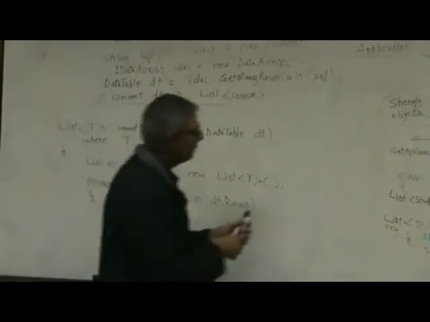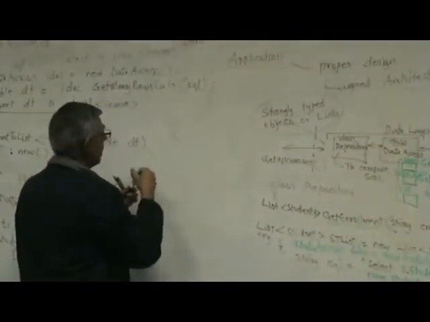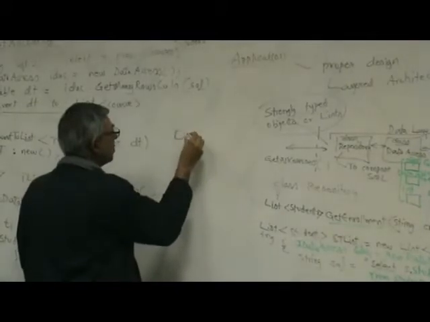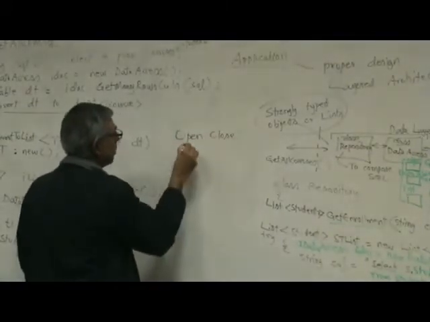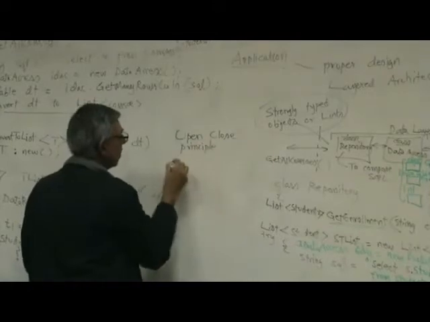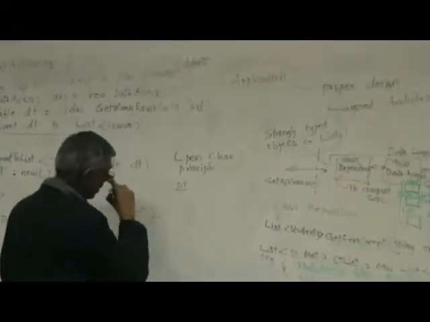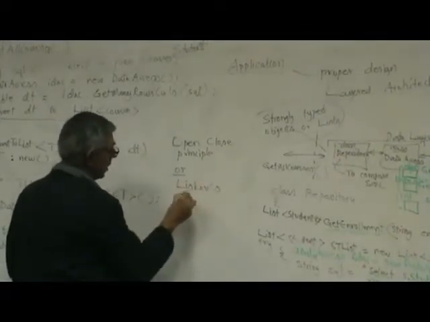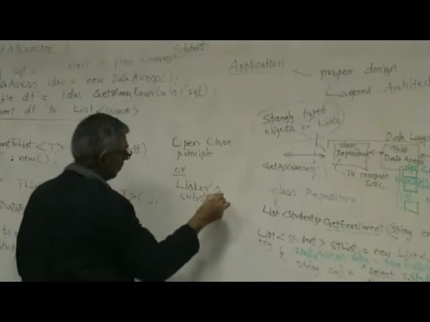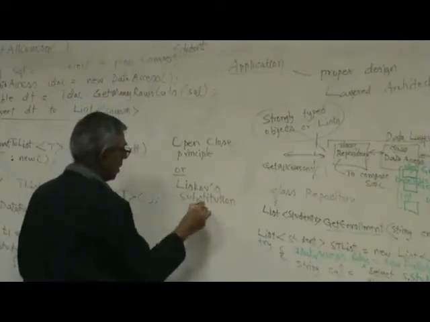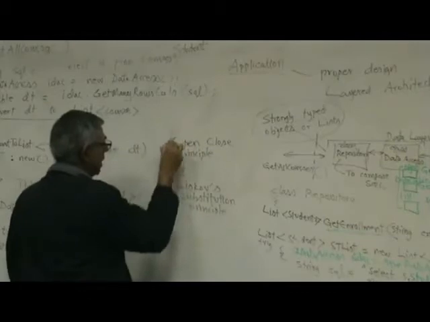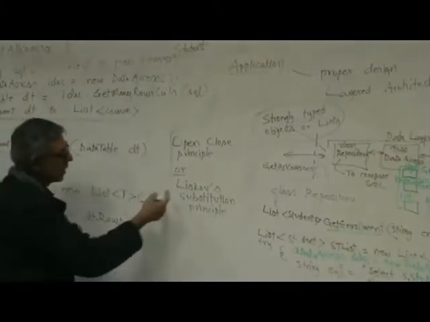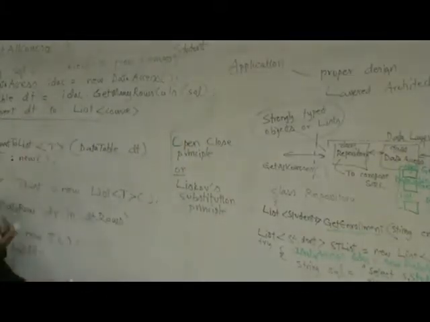Okay, there's another advanced concept in programming, and it's called open-close principle, or sometimes also written as Liskov's substitution principle. Okay, so this concept was developed by a very famous computer scientist.